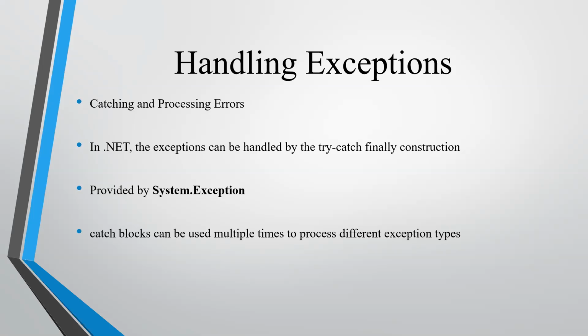Catch blocks can be used multiple times to process different exception types. We can use multiple catch blocks in a single program to handle or catch different exception types in the execution of a program.